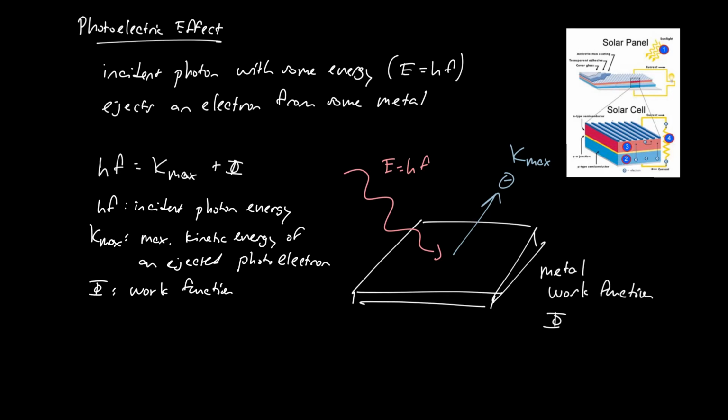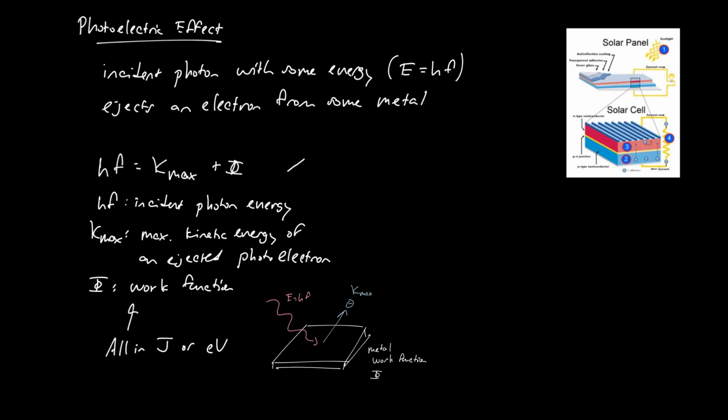Okay, so those are the variables. Again, hf is the incident photon energy, K max is the maximum kinetic energy of an ejected photoelectron, and phi is the work function of the metal. And all these are going to be in terms of either joules or eV. Usually work function is given in eV, electron volts, and so let's look at a couple of examples of a work function for some metals.